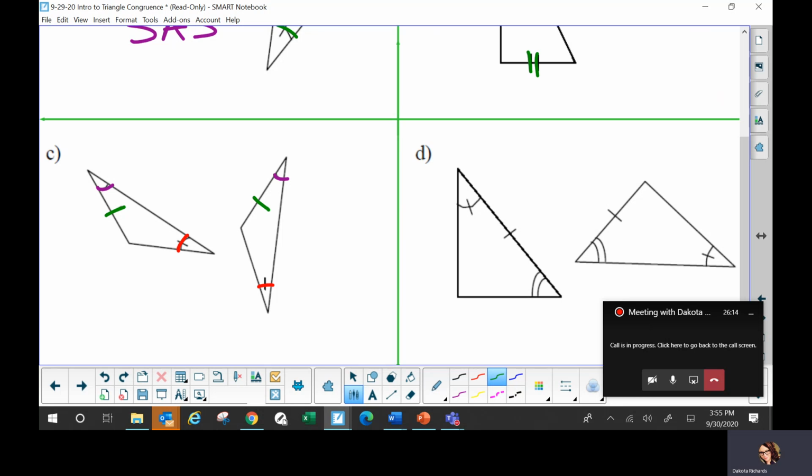So for this one, do you notice that the side is not in between those two angles, okay? That would be angle, side, angle. But because it's the non-included side, it's just angle, angle, side.